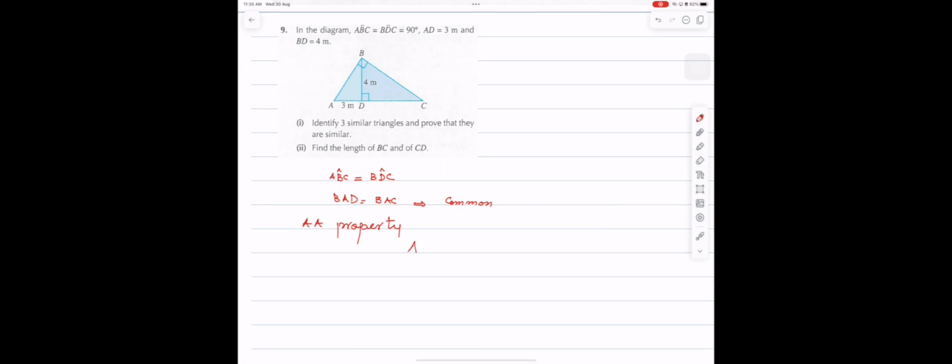So now you can write triangle ABC is similar to triangle, since A is equal to A, so we have to write A first, then B is equal to D. We have to be very careful whenever we write the order, so triangle ABC is similar to triangle ADB because angle A is common in both triangles, and similarly B is equal to D. Both of these angles are 90 degrees.